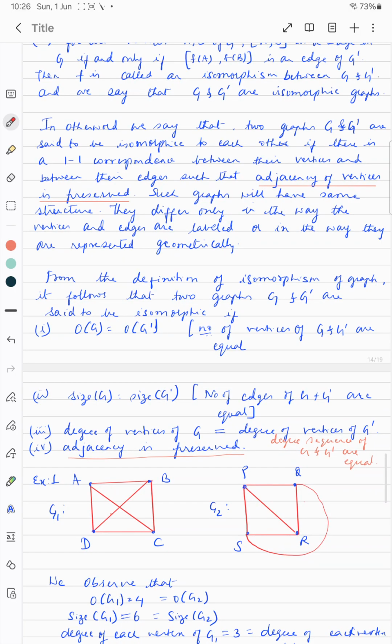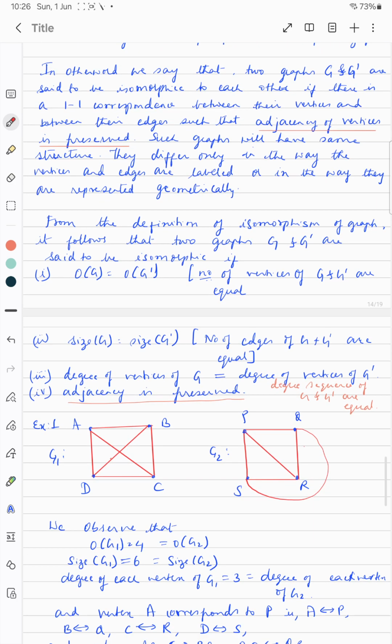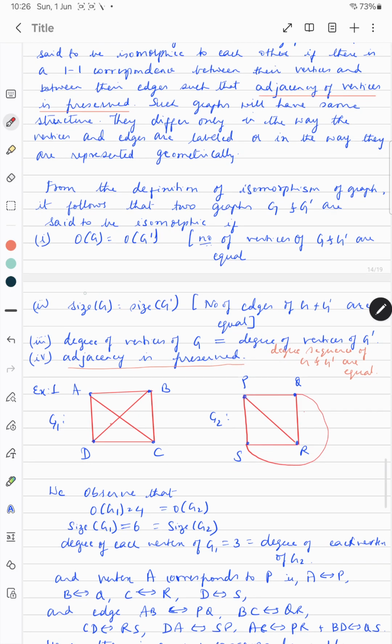So from the definition of isomorphism of graphs, it follows that two graphs G and G dash are said to be isomorphic if the number of vertices of G is equal to the number of vertices of G dash, that is, order of G is equal to order of G dash. Next, number of edges of G is equal to number of edges of G dash, that is, size of G is equal to size of G dash.